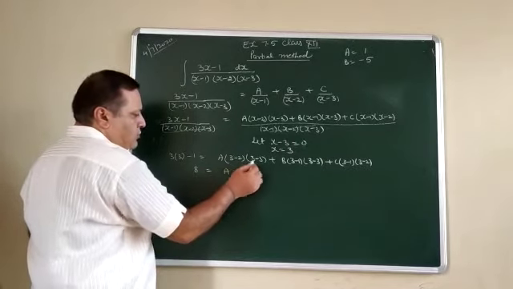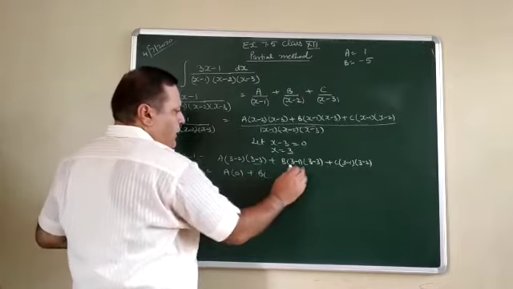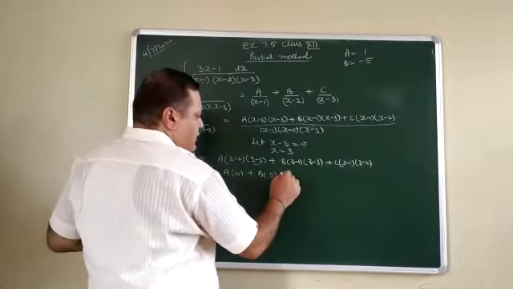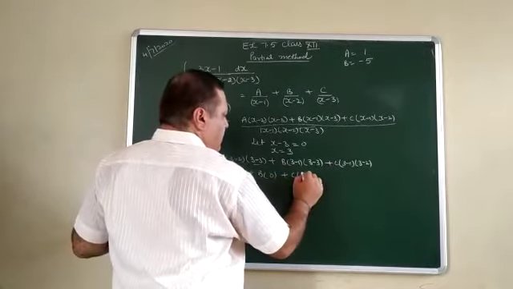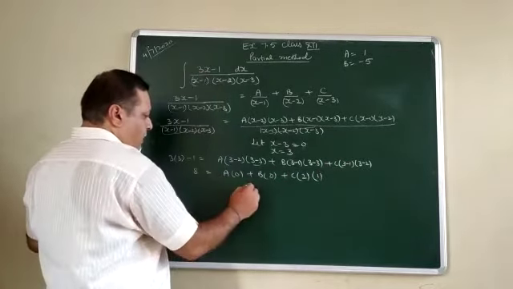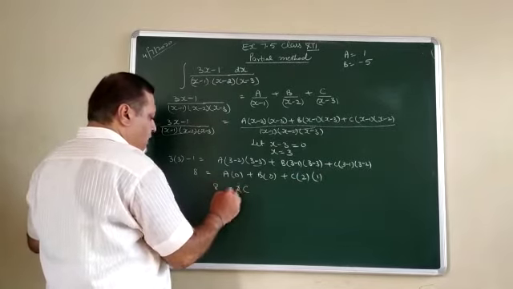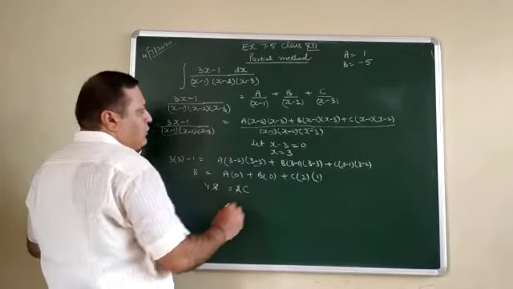A into (3 minus 3) is 0 into something, 0. B into (3 minus 3) is again 0. C into (3 minus 1) is 2, and 3 minus 2 is 1. Then from here 2C is equal to 8 and the value of C is 4.